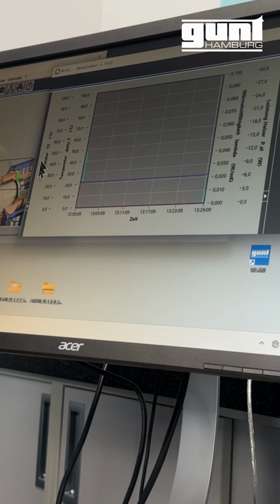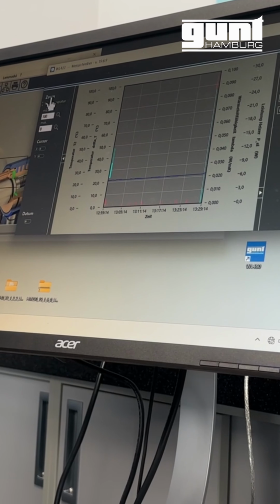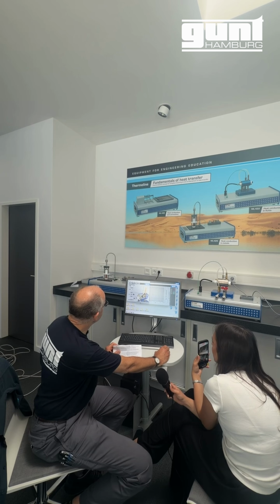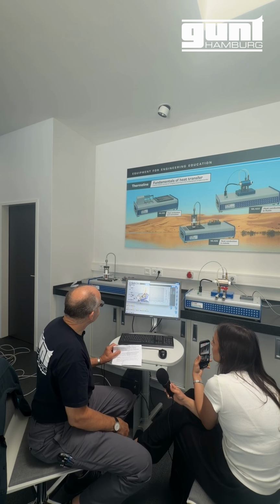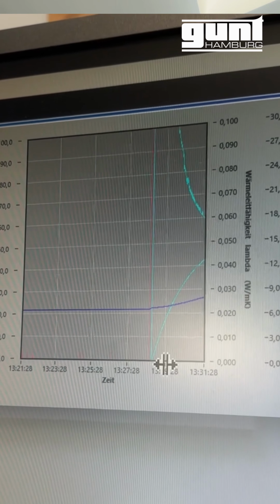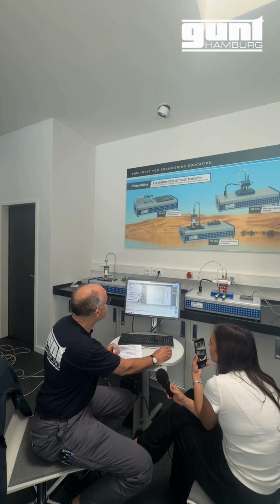We see the internal temperature rising, and we have the jacket temperature still constant, because there is no conductivity. So it's completely separated. Now we see the temperature and the calculations of the lambda and the delta developing. That is very, very interesting, honestly.